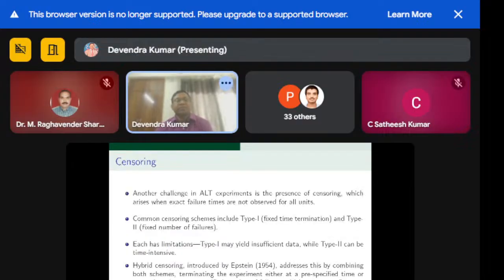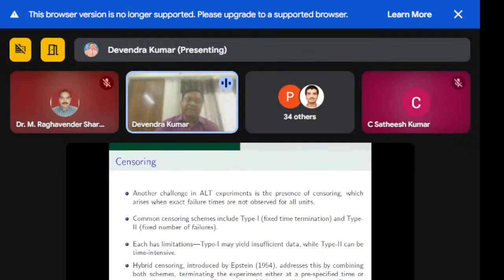Another challenge in ALT experiments is the presence of censoring, which arises when exact failure times are not observed for all units. Common censoring schemes include Type 1, Type 2, and progressive censoring. In Type 1, termination is at a fixed time, and in Type 2, at a fixed number of failures. Each has limitations: Type 1 may yield insufficient data, while Type 2 can be time intensive.